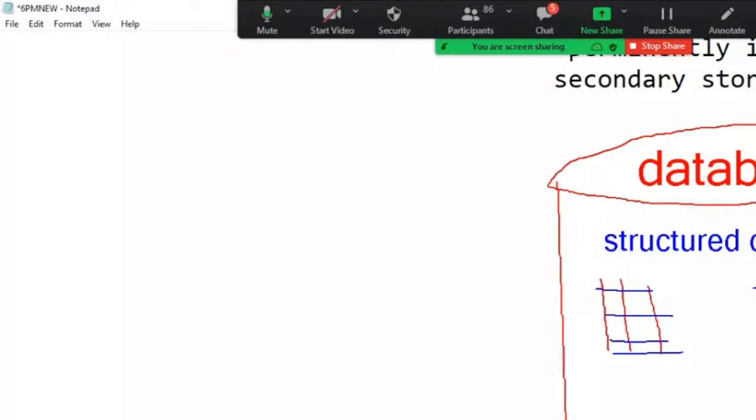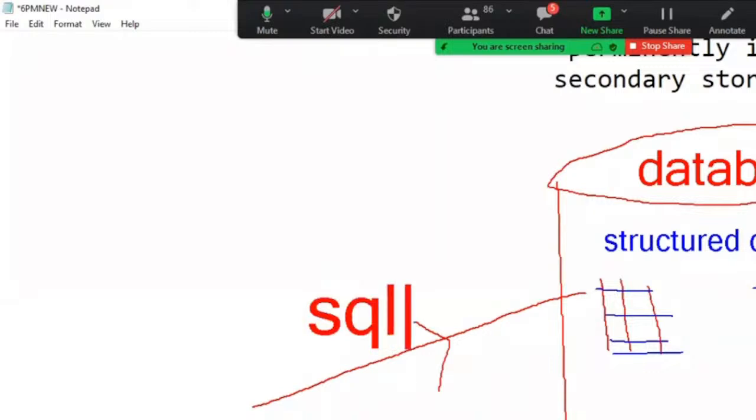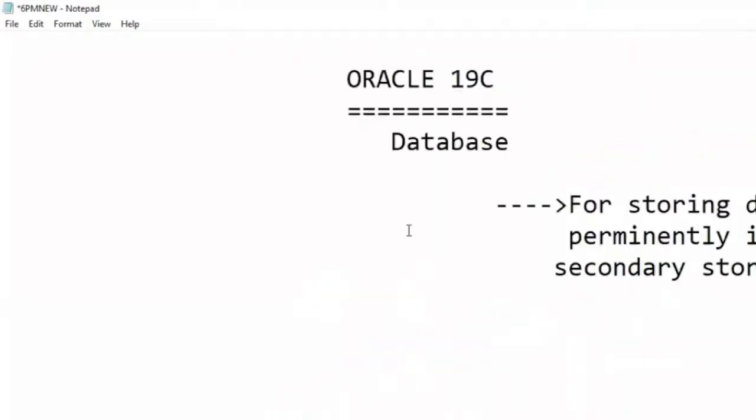Once structured data is there, for handling and operating this data, which language? Very good, SQL, Structured Query Language.